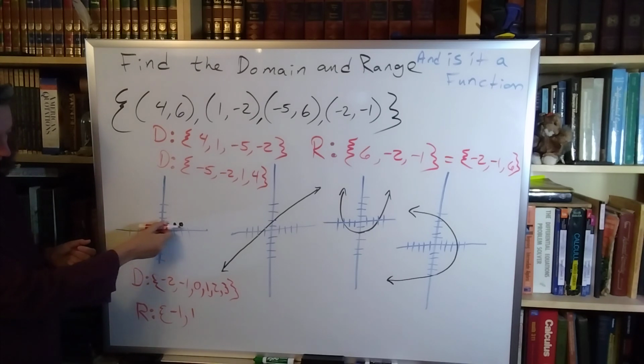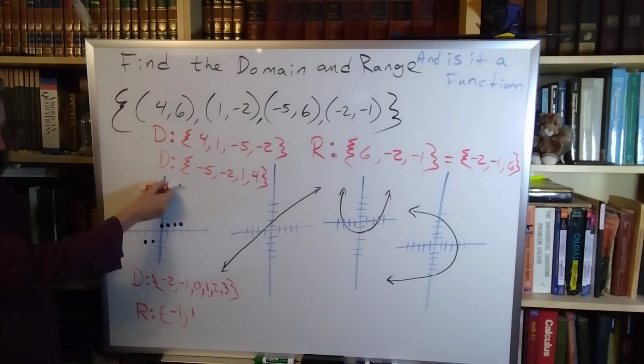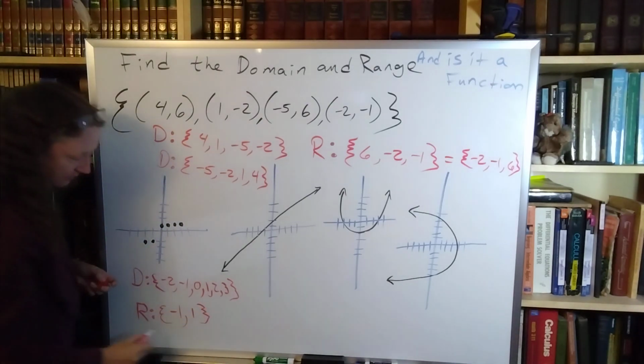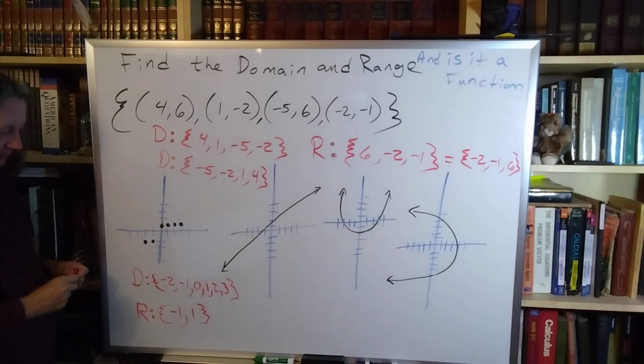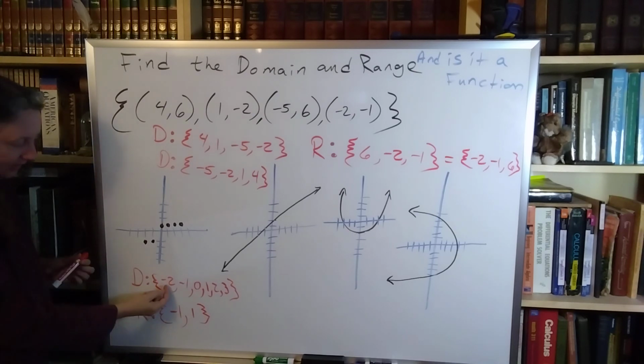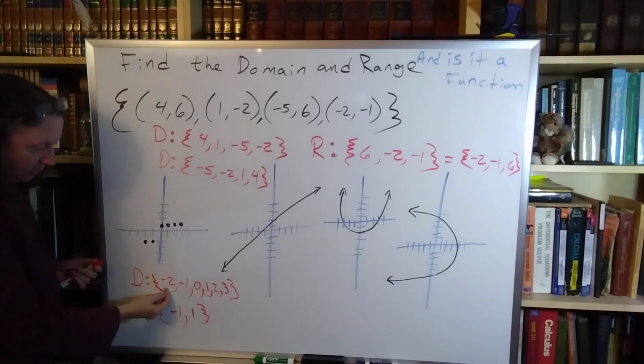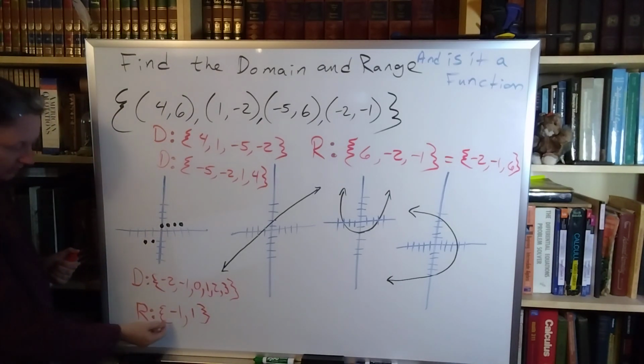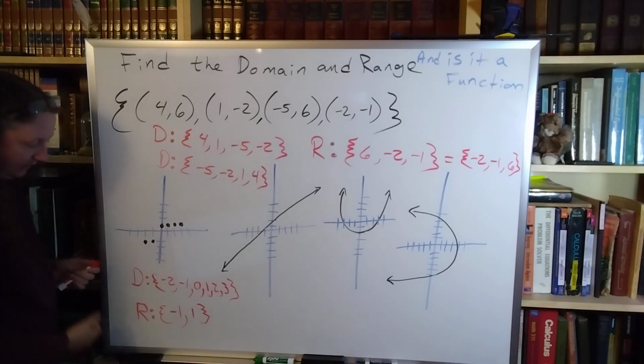Continuing up, all of these are at +1, all of those were at -1. There's nothing else that I see. So I close my set. And notice that these are in order from smallest to greatest, least to greatest. Smallest to largest, least to greatest.